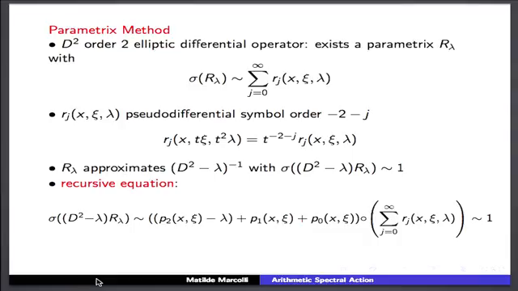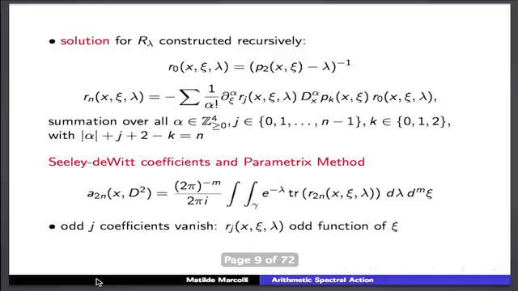And so a way to do that is to construct a parametrix for the square of the Dirac operator, and that gives you a recursive formula at the level of the pseudo-differential symbols, for computing the coefficients of this parametrix, since it is almost an inverse to that operator. So it gives you a relation between these coefficients and the terms of the symbol of the Dirac operator.